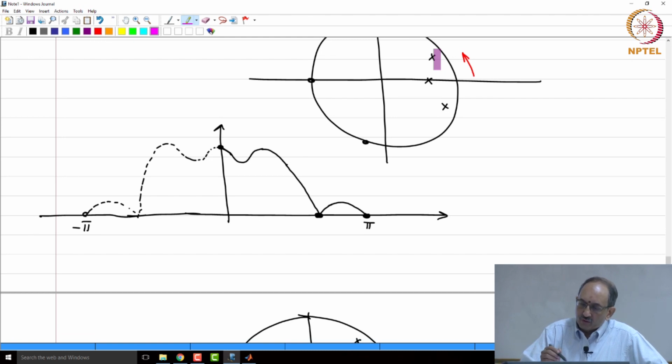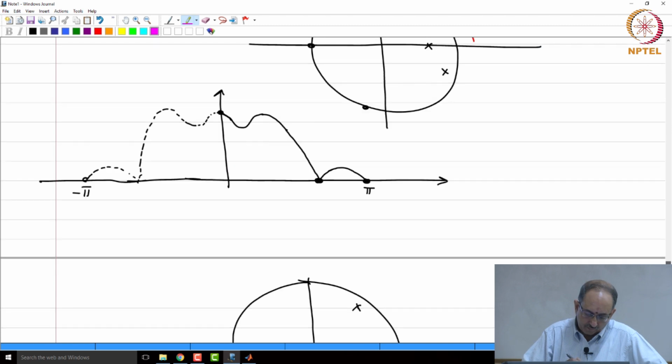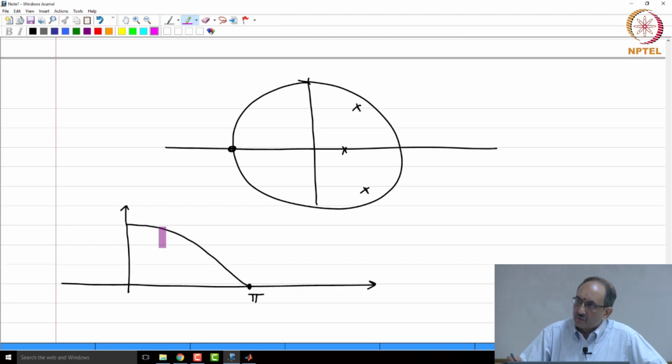And to know whether the pole-zero plot corresponds to something like this, that is whether the frequency response corresponding to this is this or is it this, you will not know unless you feed these numbers into say MATLAB and get the frequency response, alright.